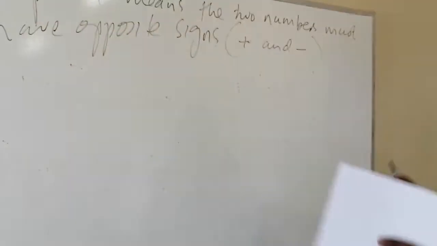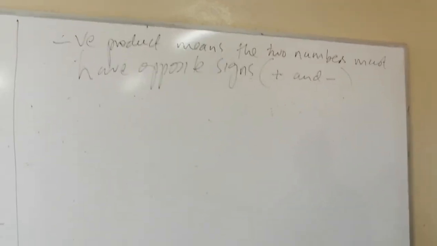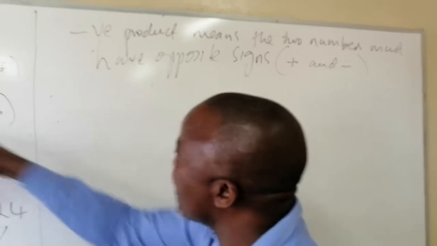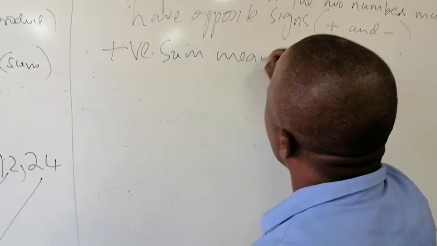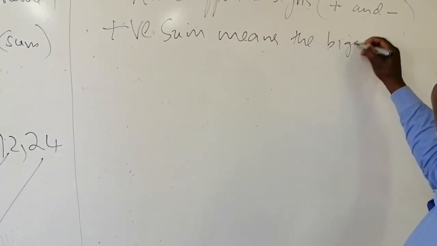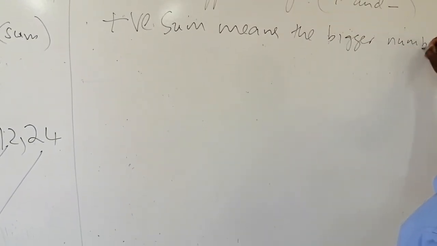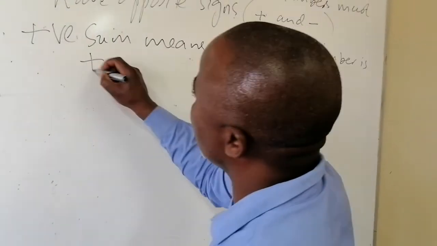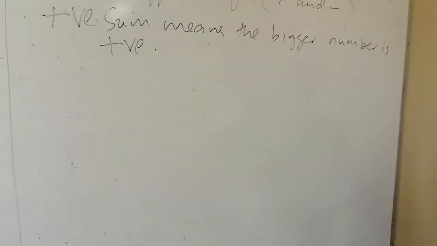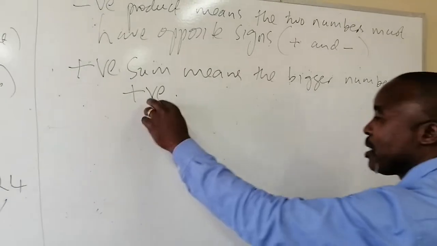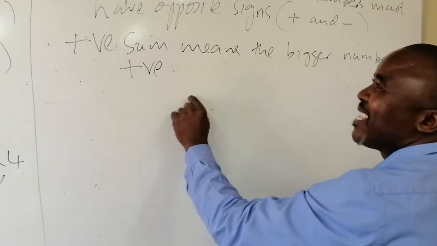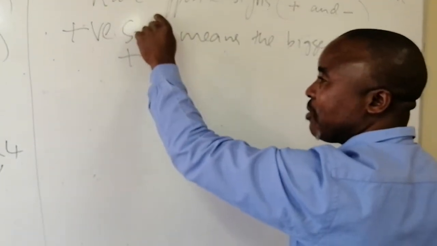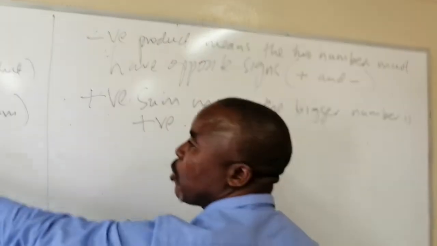In other words, one of the numbers must be positive, the other number must be negative. Now, a positive sum means the bigger number is positive. The reason why we are saying the positive sum means the bigger number is positive is because we know that the two numbers have different signs. One is positive, one is negative. So the same numbers must satisfy this condition.